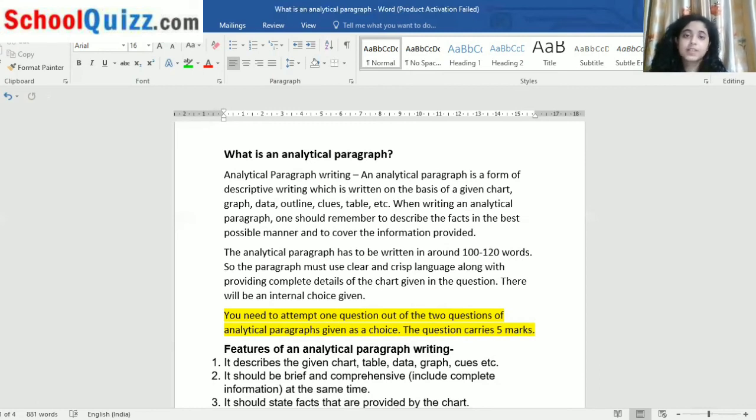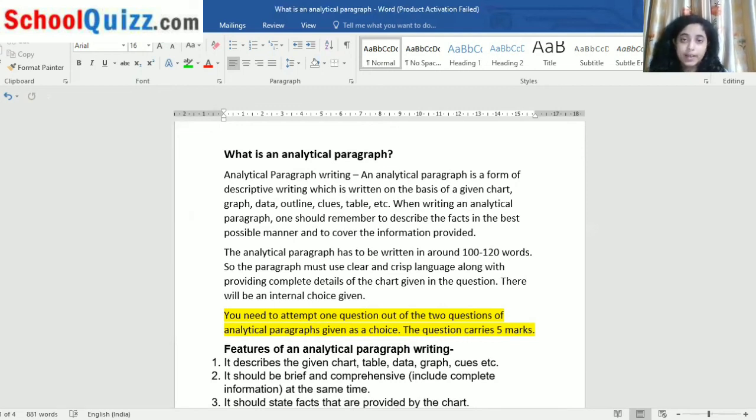Analytical paragraph is similar to what we do in story writing in competitive writing, or a passage or essay you are writing. When writing an analytical paragraph, one should remember to describe the facts in the best possible manner and to cover the information provided.